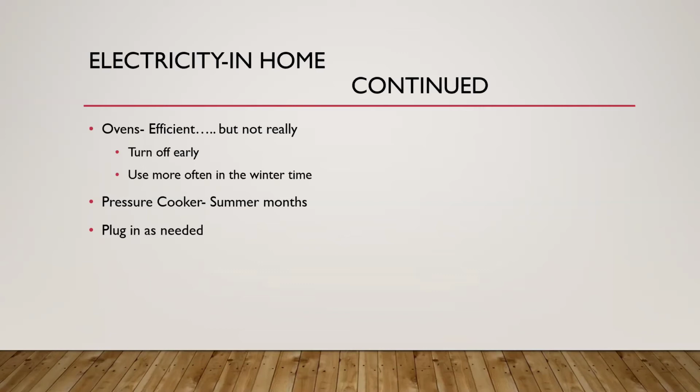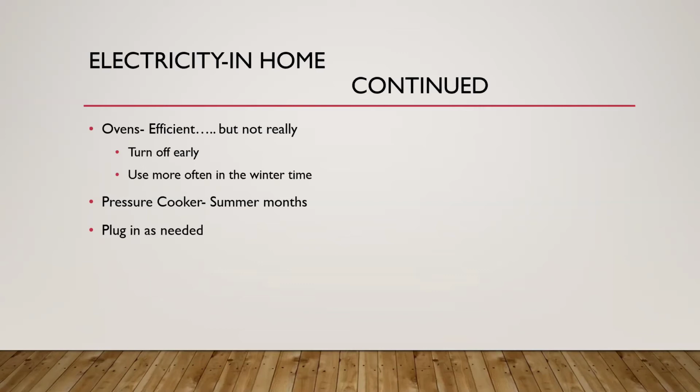So if there's 10 minutes left or 5 minutes left, and the food in there is fully cooked, healthy to eat, you can turn off the oven and let that residual heat just finish the cooking process, or finish the heating process for you. And ovens are very efficient in the wintertime. And the reason why that is because they are heating up your house.